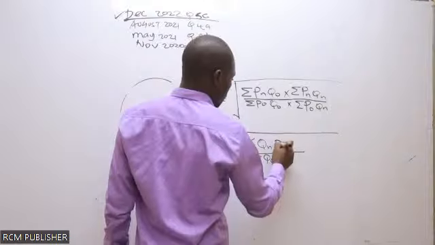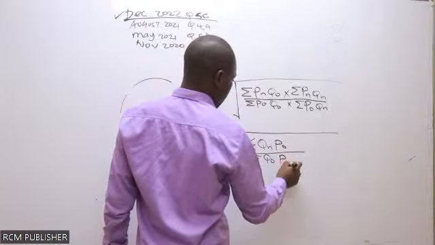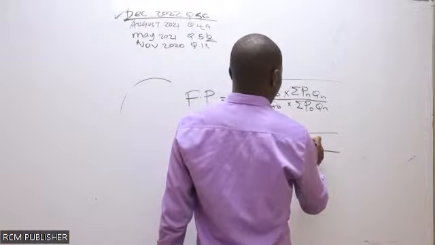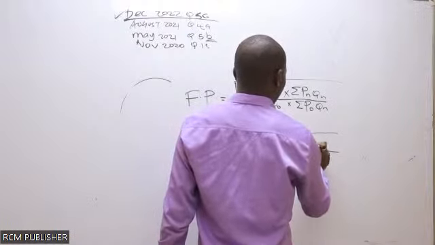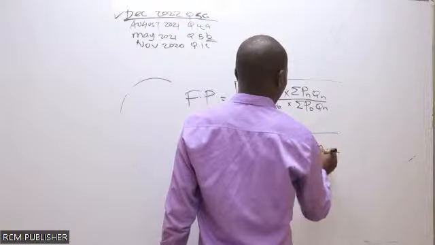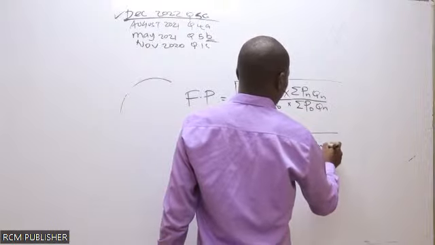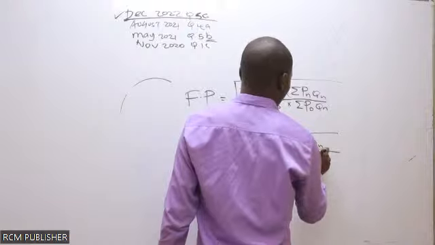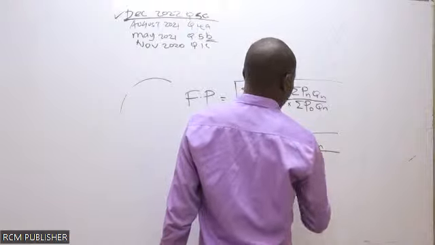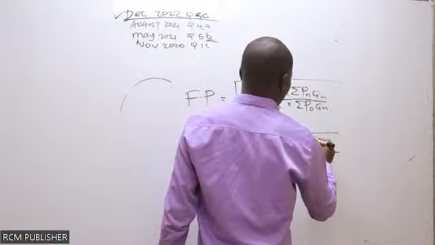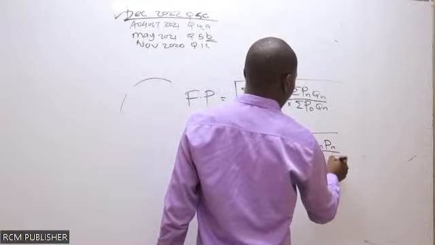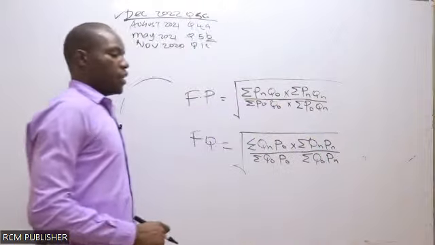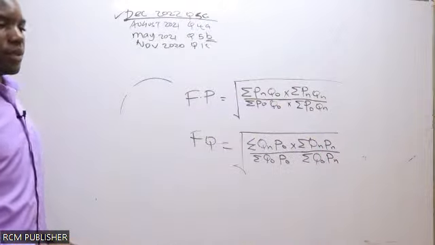So price of the reference period for this one, we multiply by summation of quantity of the current period, then divide by summation of quantity of the previous period, but then the weight is going to be price of the current period. And then you have your answer.